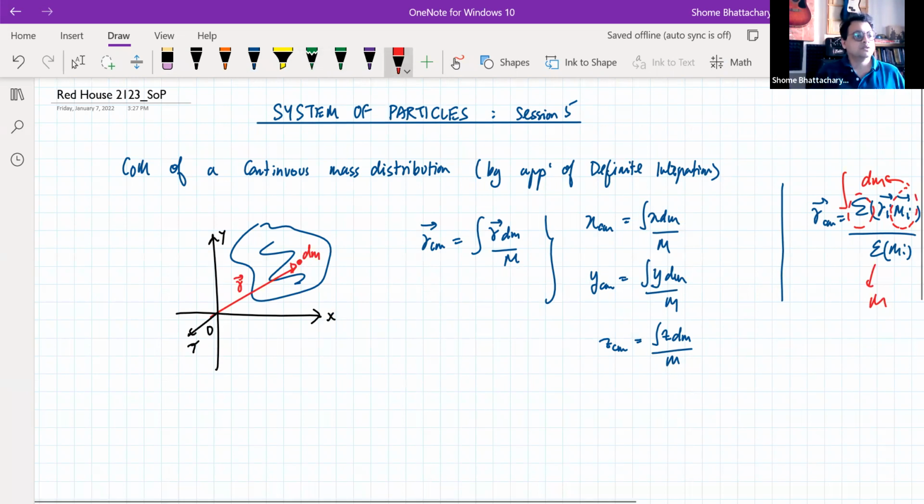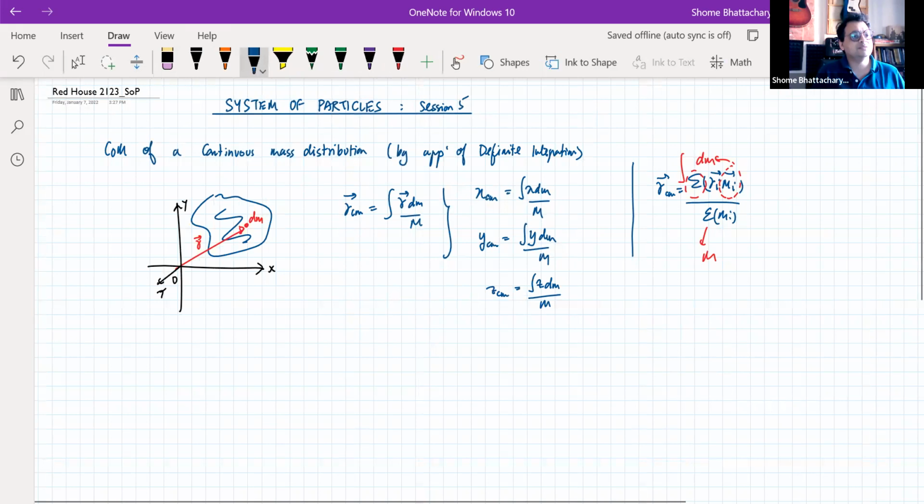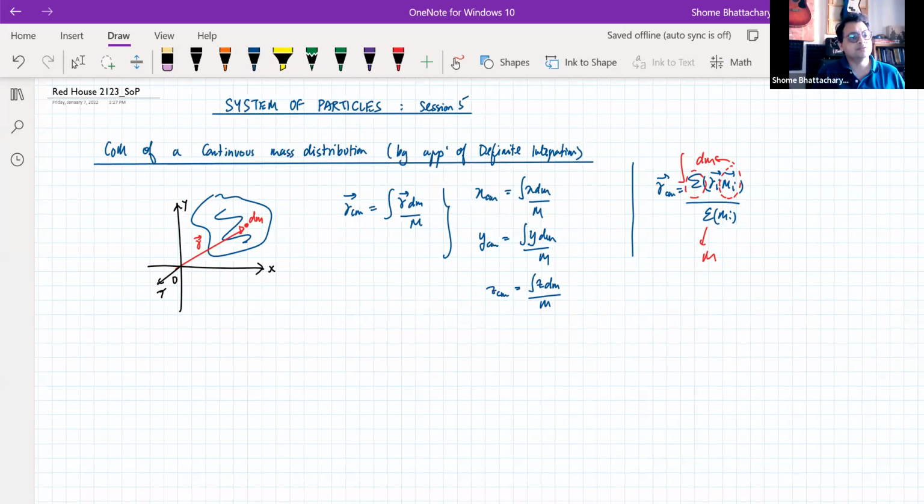Okay, so now about the standard protocols or the standard solving methods that we use for executing these integrations in different situations.